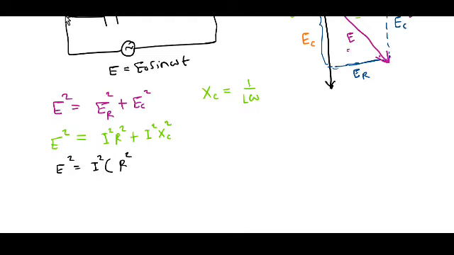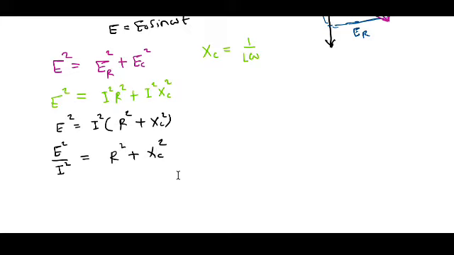I take it outside the bracket, then this will be R square plus Xc square. If I bring I square to the left side, this is E square by I square equals R square plus Xc square. If you take the square root, this will be E by I, and on the right hand side also we take the square root, root of R square plus Xc square.